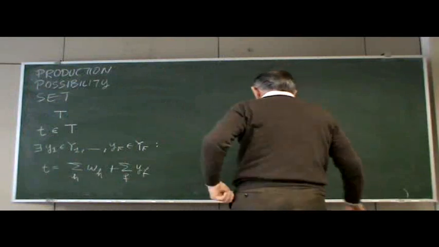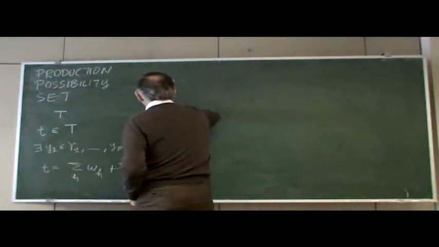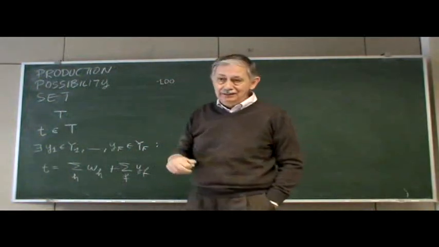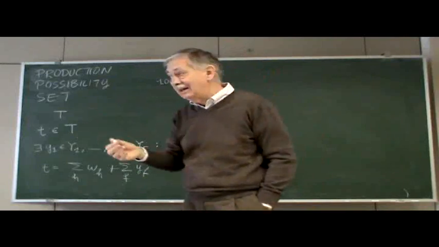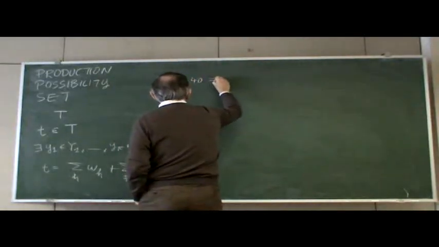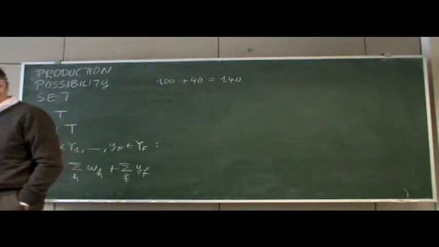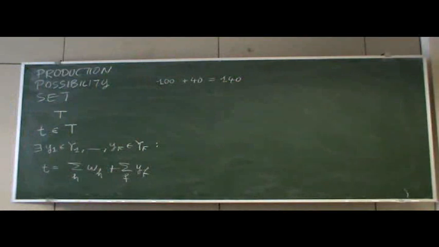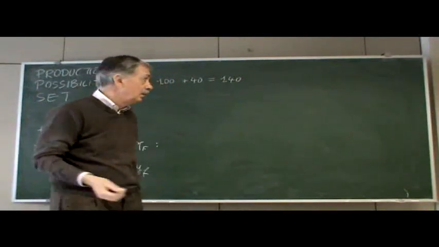For example, if you have initially 100 units of a certain good and the good itself is in the main a product, and you obtain 40 units of product, in the end you have 140 units which are available for consumption.